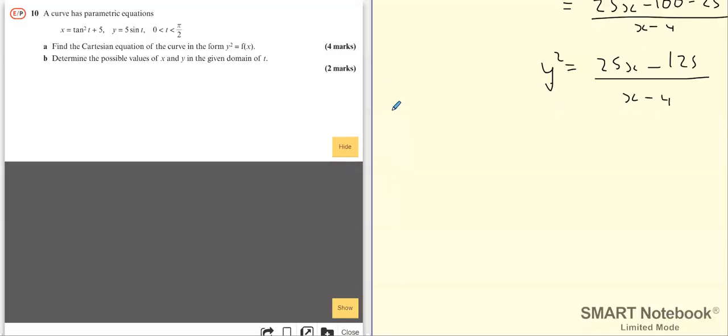So for part B, for domain, we said multiple times sketch x against t. And so firstly, my base graph is x equals tan t.